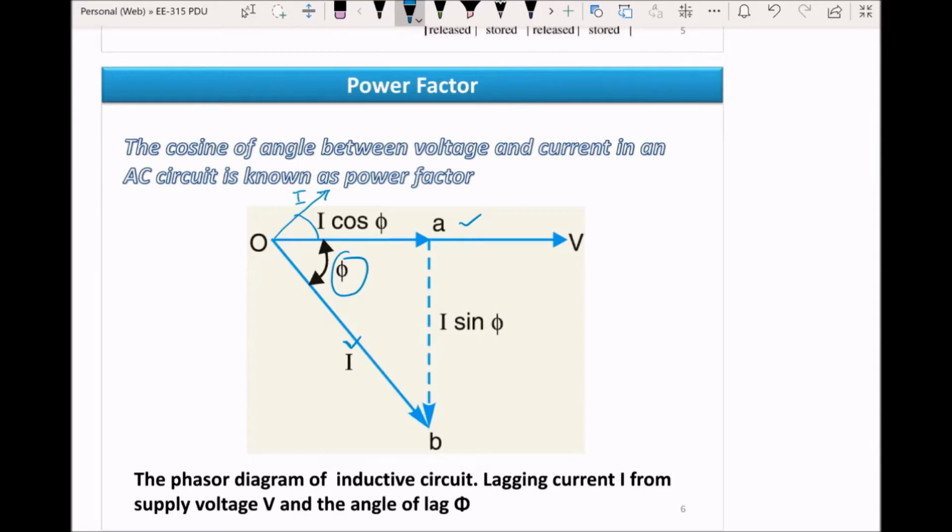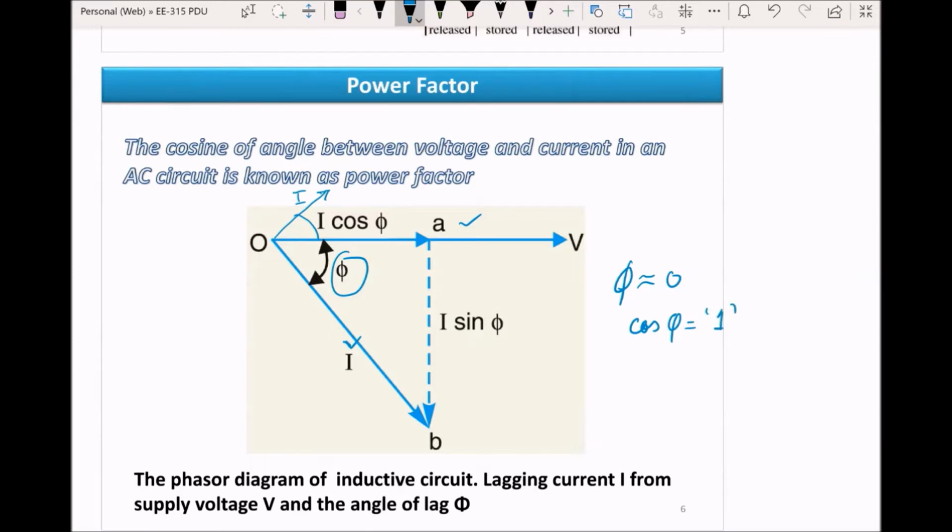As engineers, we usually try to reduce this phase difference, which is phi. We try to make it close to 0 to reach the maximum value of cosine of phi, which is close to 1.